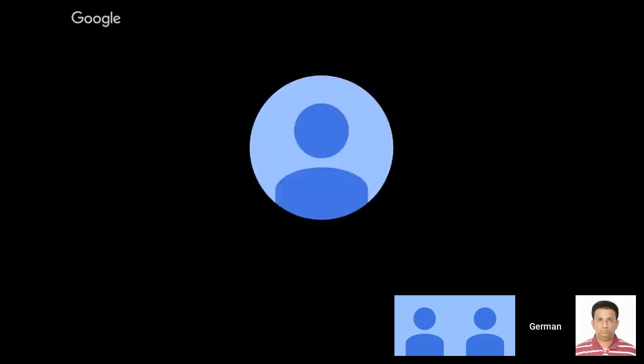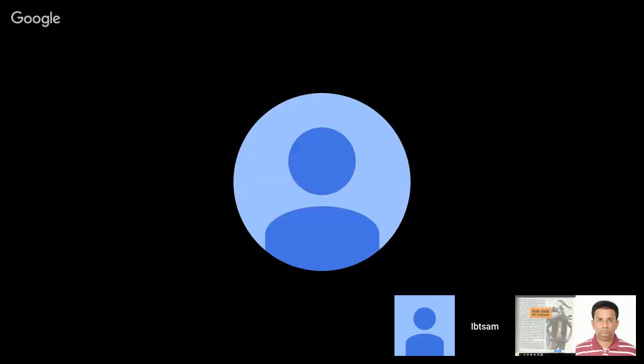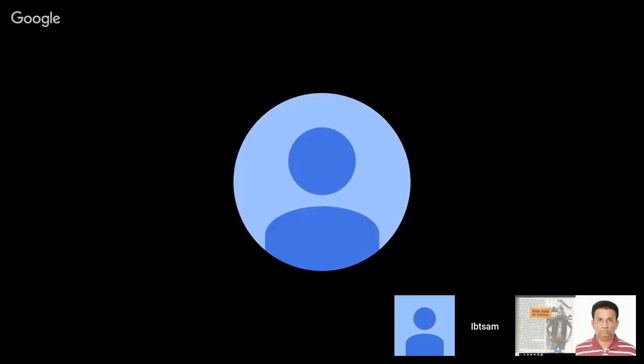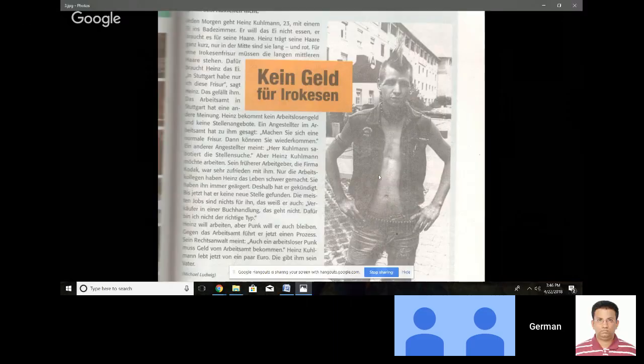Heinz wears his hair not short. Ganz kurz is completely short or very short, quite short. Nur in der Mitte sind sie lang und rot. Only in the middle are they long and red.